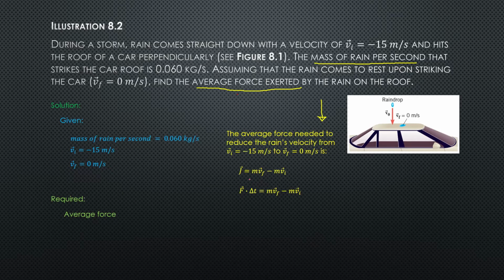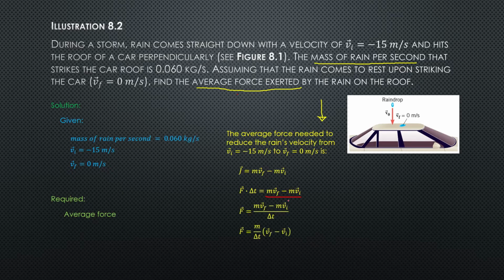Impulse by formula is the average force multiplied by the change of time. Since the mass of the raindrop is not given, we can simply factor out mass, so that becomes mass multiplied by final velocity minus initial velocity.